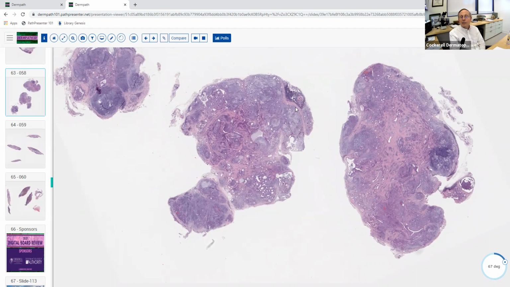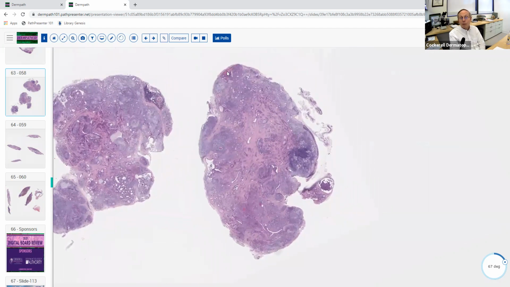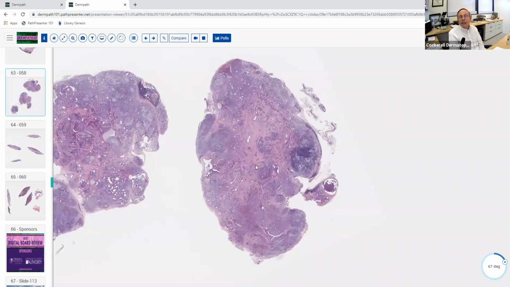And actually, I thought that was epidermis, but it's not. This whole thing actually just kind of shelled out. So once again, we're dealing with an enucleation biopsy. Enucleation, benign. Probably thought this was a cyst. So somebody probably took a little incision of it, said, let's see if this thing pops out like a cyst, and it popped out. And they submitted it to the lab, and guess what?